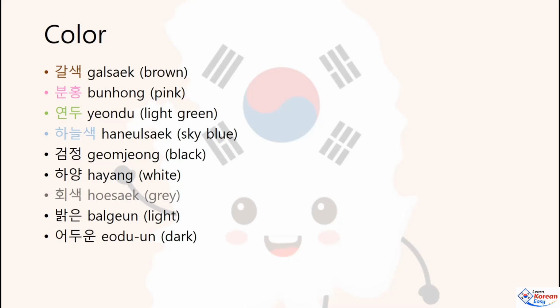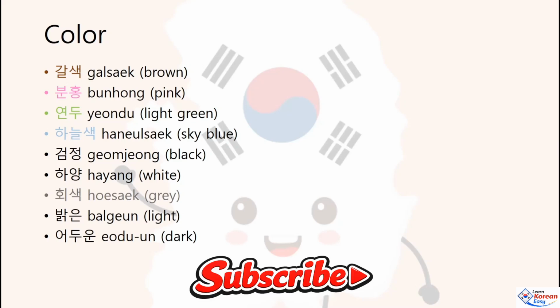So let's go one by one. 갈색, brown. 분홍, pink. 연두, light green. 하늘색, sky blue. 검정, black. 하양, white. 회색, gray. 밝은, light. 어두운, dark. Okay, and that's all for the colors today, 색깔.